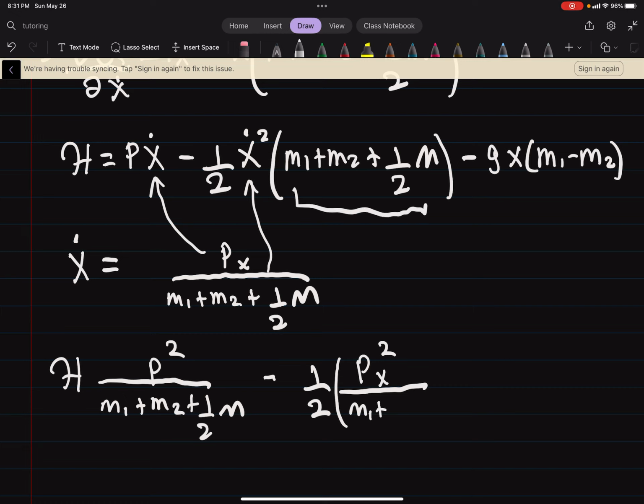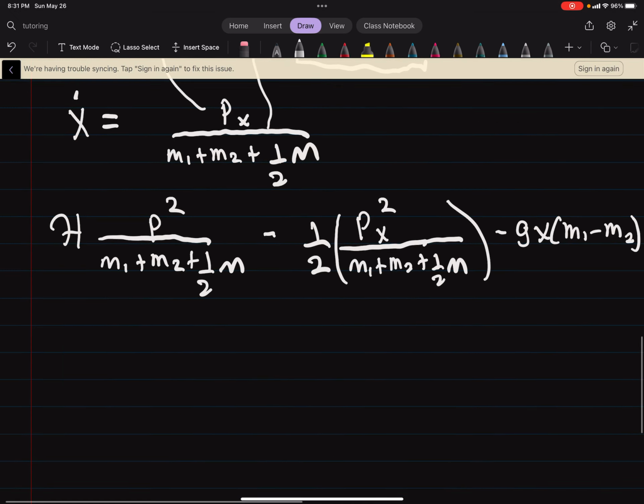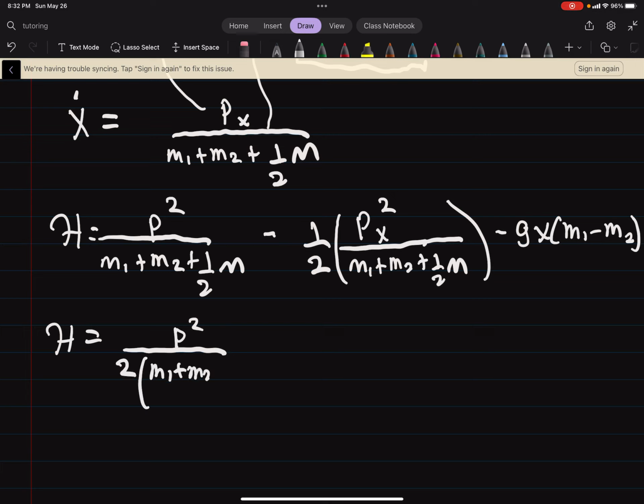So I'm just going to write it as m1 plus m2 plus 1/2 M, minus gx m1 minus m2. Okay, that's equal to this. And then the Hamiltonian, just combining them, would be p squared over 2 times m1 plus m2 plus 1/2 M, and then minus gx m1 minus m2.